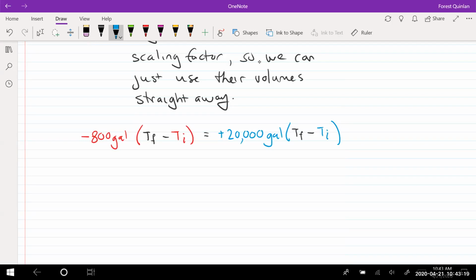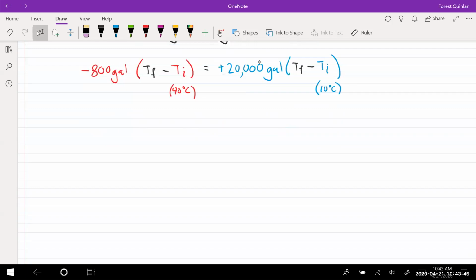Now, we know that this hot water here is 40 degrees Celsius. This one actually matters, Dallas. We can't use Fahrenheit because, well, I guess you could, but you don't want to. You want to stick to the metric. We're sticking with the gallons because we can easily see those things going away.